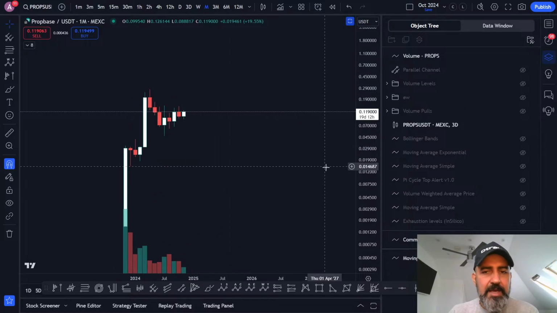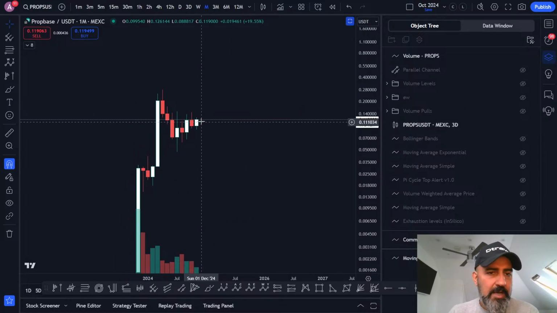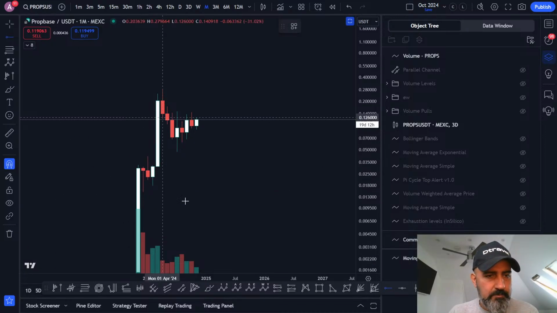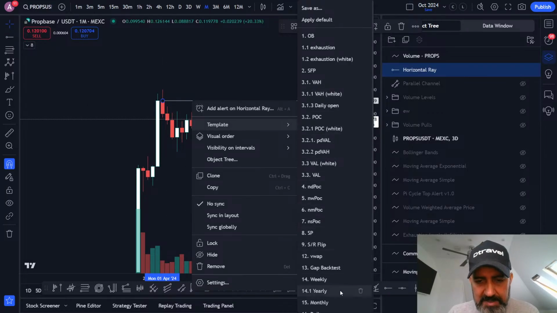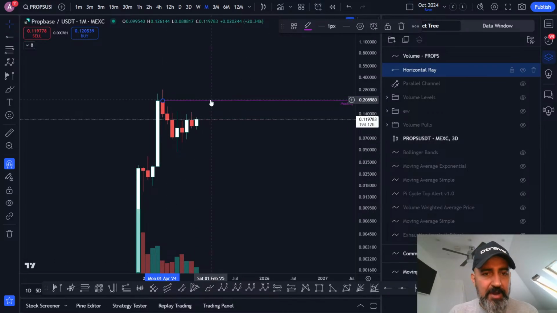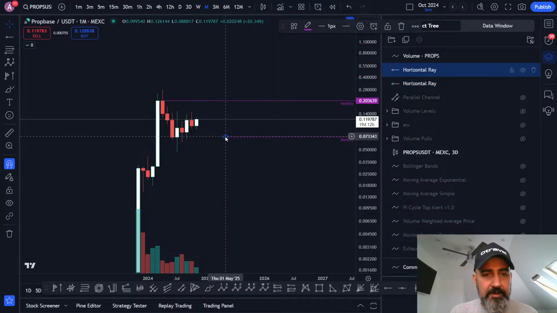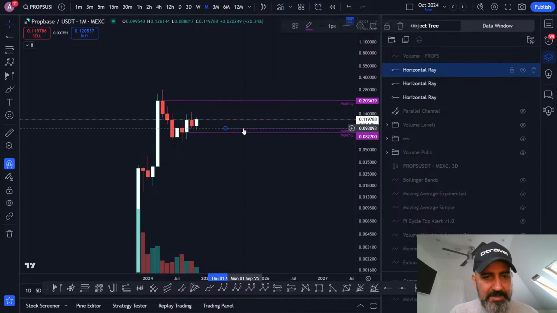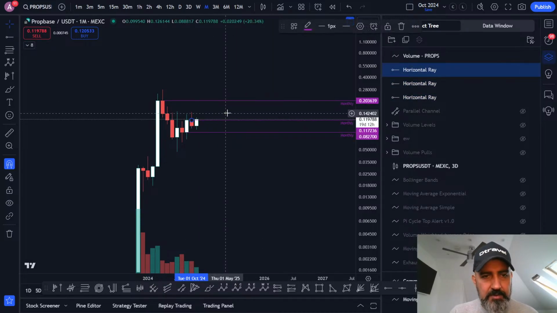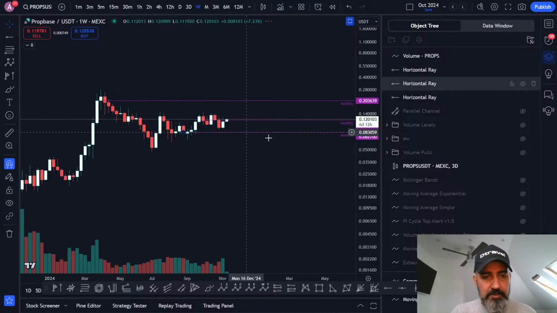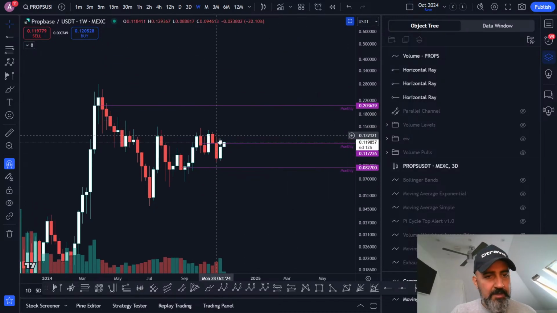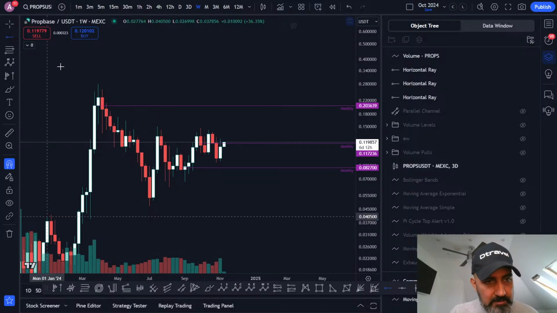Volume levels, and let me put my levels in now. Monthly level. We're at a monthly level here and here. So I think the price action is actually tightening up for an explosive move. That's what it looks like. It's kind of coiling up, isn't it? It's like it's coiling up.